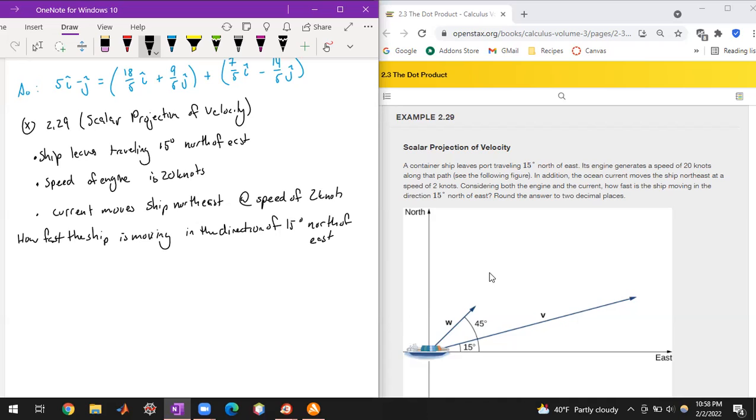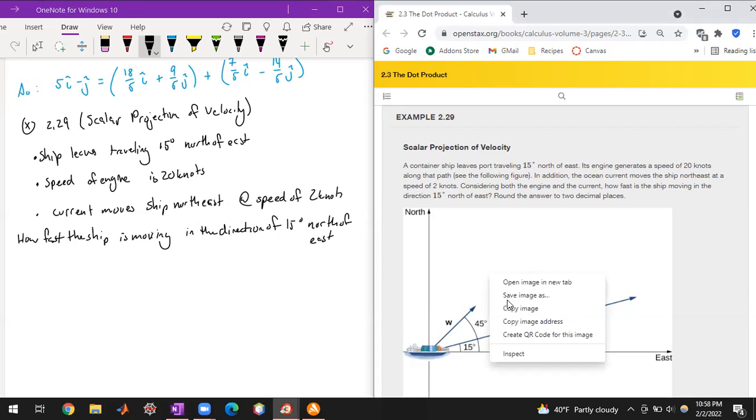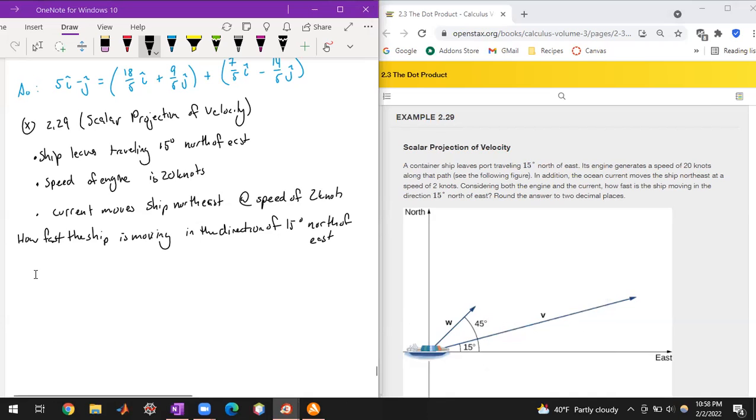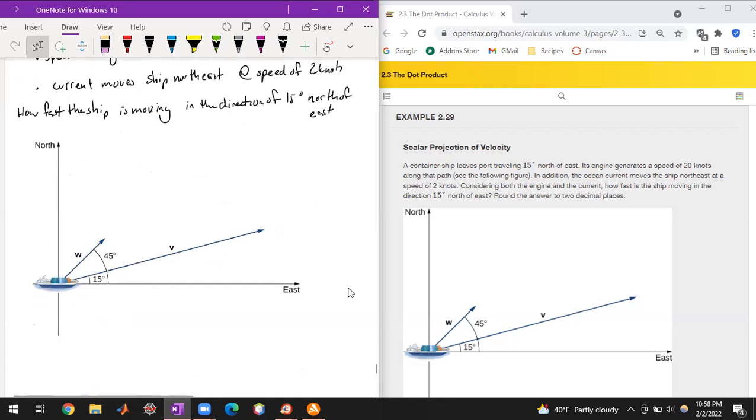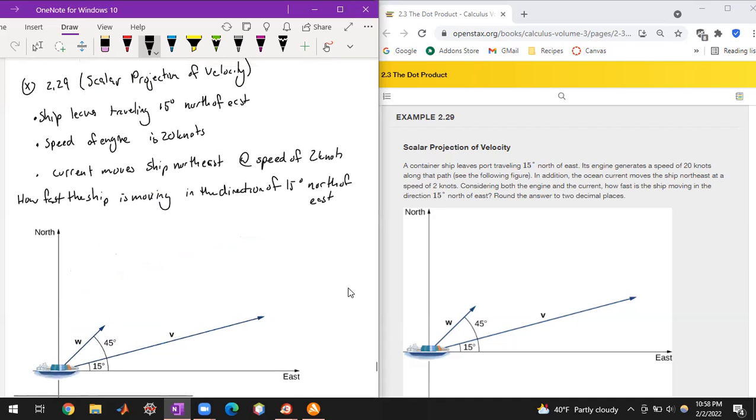Let me go ahead and take the image that they've provided to us. So we have our vector v. This is our velocity vector that's representing the actual movement of our ship. Let's translate this information here. We don't have the exact vector.